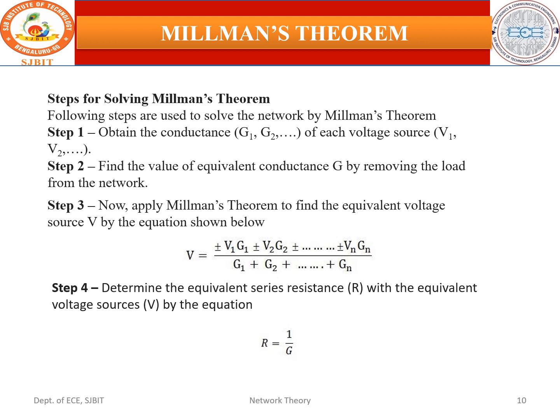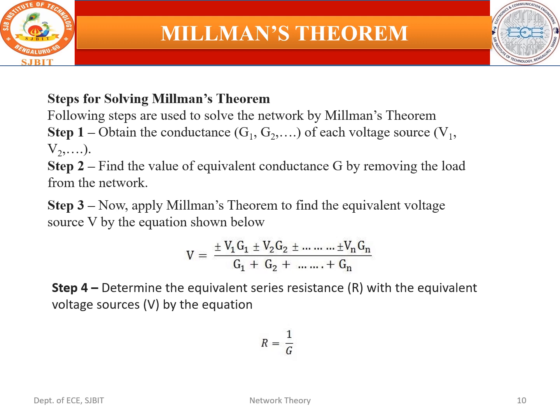Now apply Millman's theorem to find the equivalent voltage source V by the equation shown below, that is V is equal to V1 G1 plus V2 G2 plus V3 G3 etc. up to Vn Gn divided by G1 plus G2 etc. up to Gn.